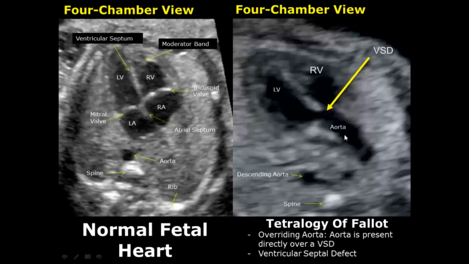But 2 abnormalities are more easily seen. One is the ventricular septal defect, and the other one is the overriding aorta, in which the aorta will overlie this ventricular septal defect.